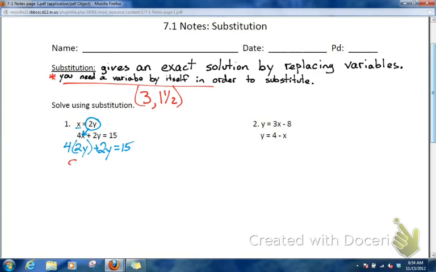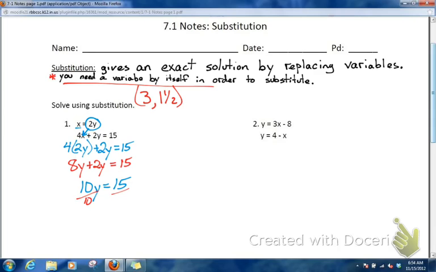And now I just solve. 4 times 2y is 8y plus 2y equals 15. 8y plus 2y is 10y equals 15.